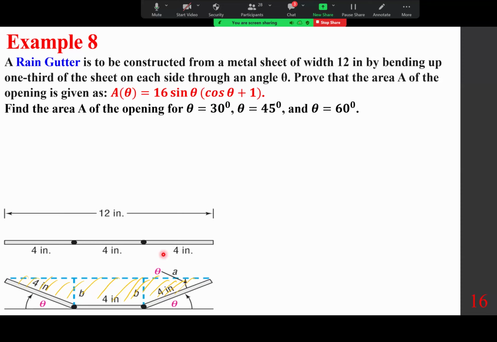First and foremost, please understand this is a trapezoid with the area equal to half of the height times b1 plus b2. So this is the case. First and foremost, why is this 4 cosine theta? Because if you look at this angle, it is theta.